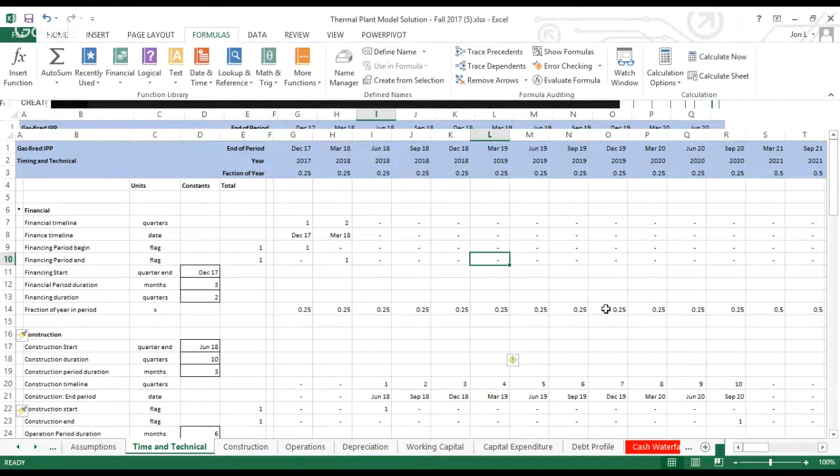Anyways, going on to valuation. This one, your leverage valuation, you just take your equity contributions from construction, and then your dividends. Your leverage valuation just means equity return.